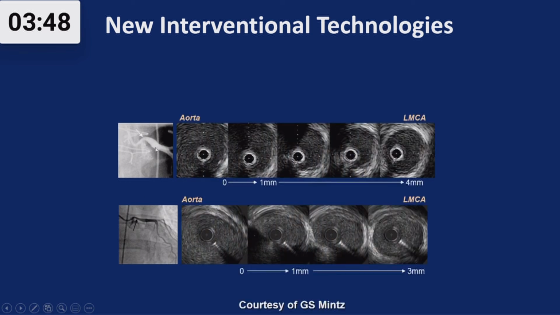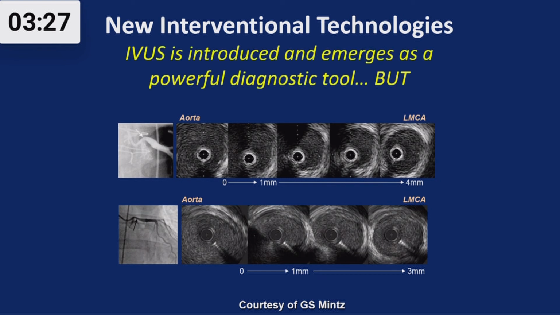The patient's graft was closed repeatedly, twice or three times. But when we did the IVUS, it showed that the ostium of the left main was not significantly diseased. That is the reason why the graft closed. So IVUS is very important to assess, especially in left main disease.